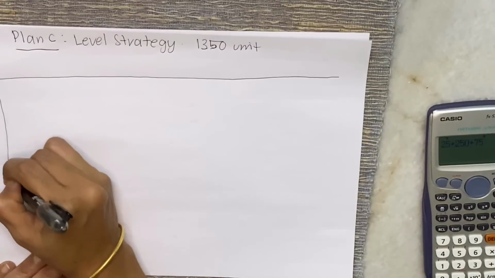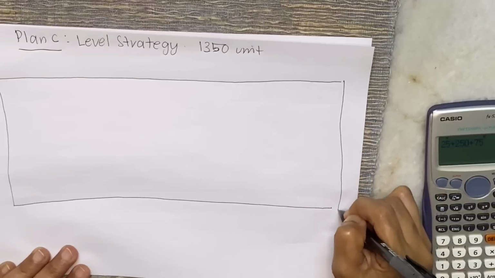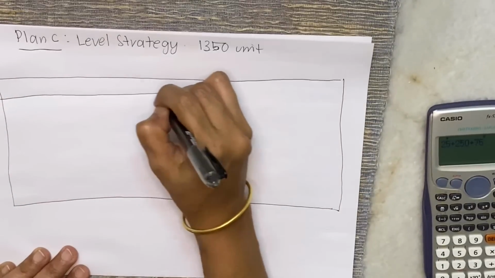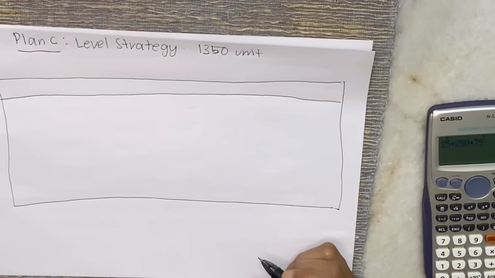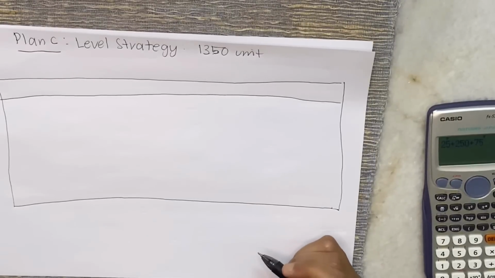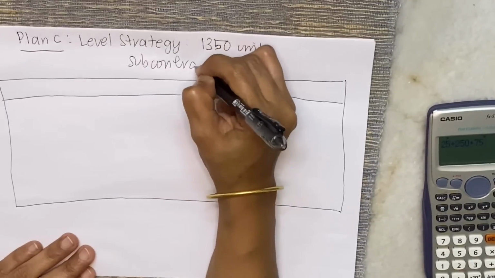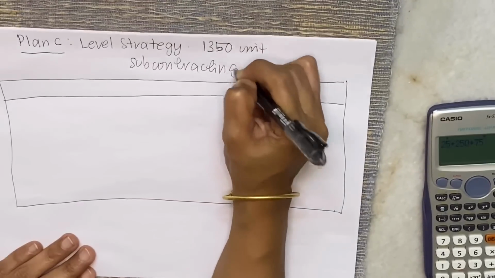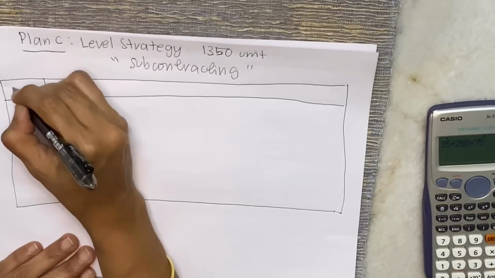Okay, now as usual, what we are going to do is construct a table. So in this case, what is the strategy? With the remainder by subcontracting, yeah, by subcontracting. So it is subcontracting. Alright, now we got the quarter.